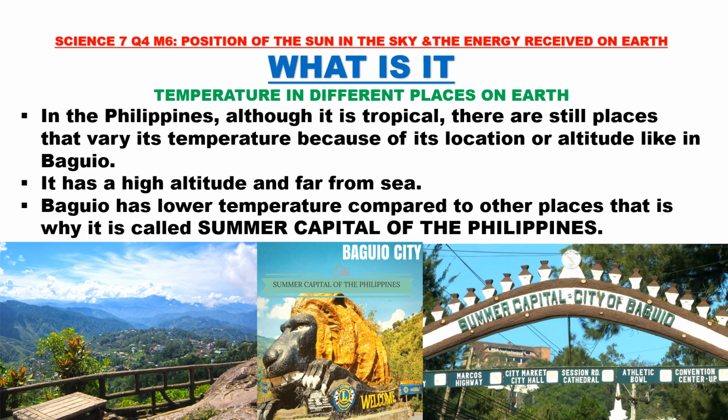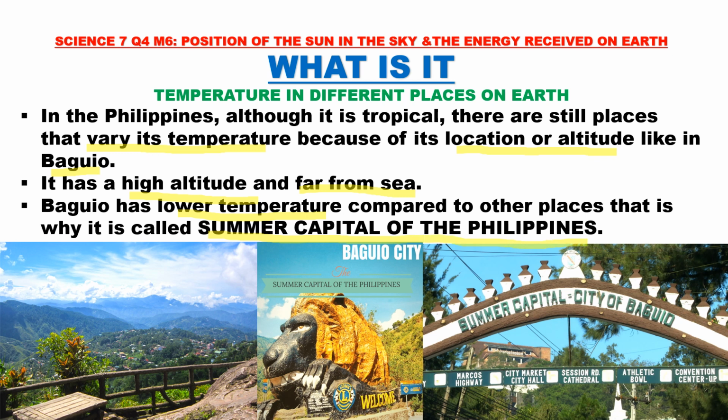In the Philippines, although it is tropical, there are still places that vary in temperature because of their location or altitude, like in Baguio. Baguio has a high altitude and is far from the sea. Baguio has lower temperature compared to other places. That is why it is called the summer capital of the Philippines.